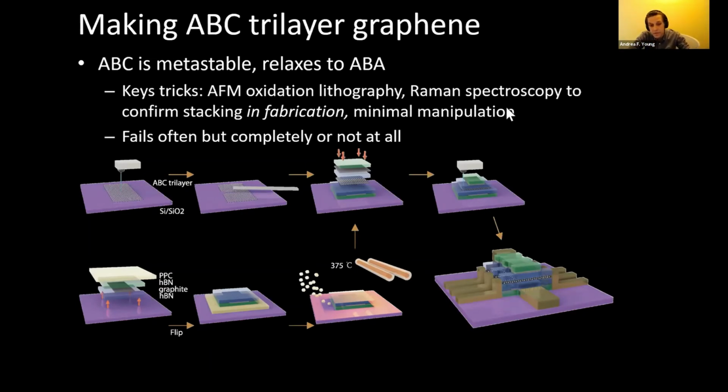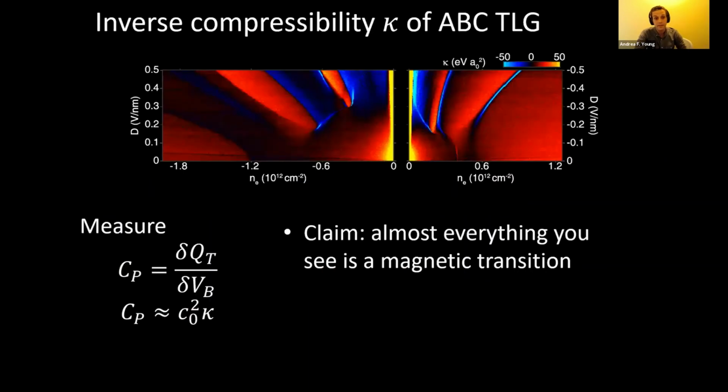So the only way we found to stabilize this is to remove all ABA, and then there seems to be a reasonably large energy barrier to nucleating a new ABA domain. So if you start off with something that's purely rhombohedral ABC, then it will stay that way. And the good news is that if your samples fail, they fail, but if they don't fail, they are, as far as we can tell, perfectly uniformly ABC without any stacking faults that show up in any way.